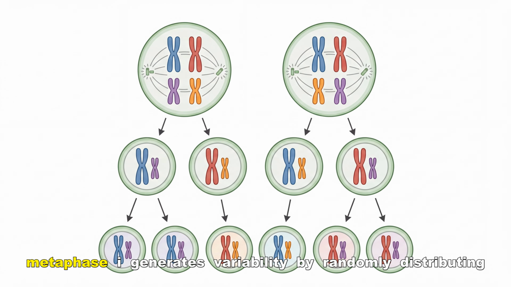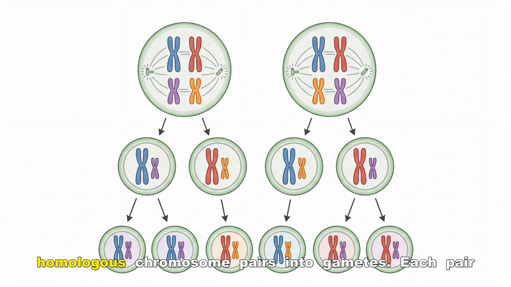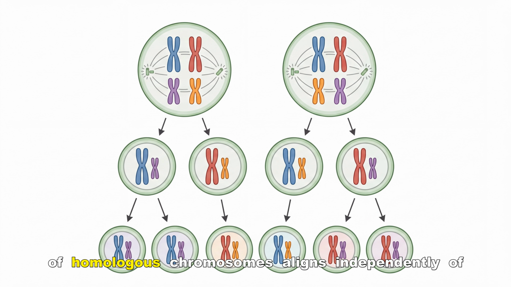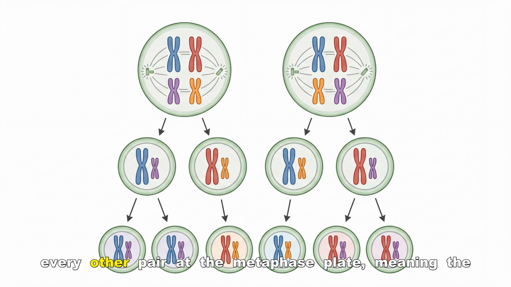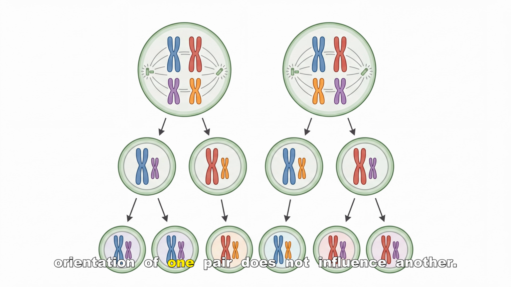Independent assortment during metaphase generates variability by randomly distributing homologous chromosome pairs into gametes. Each pair of homologous chromosomes aligns independently of every other pair at the metaphase plate, meaning the orientation of one pair does not influence another.